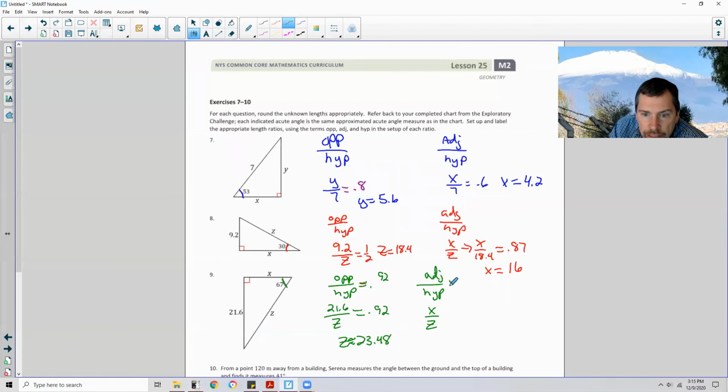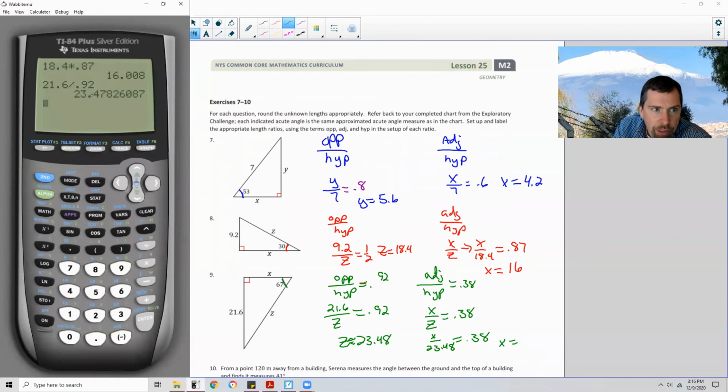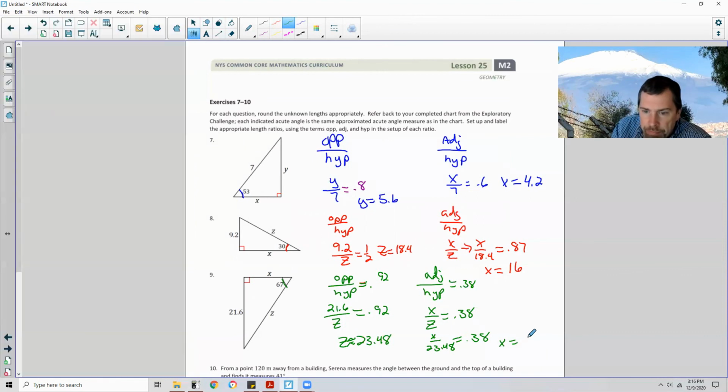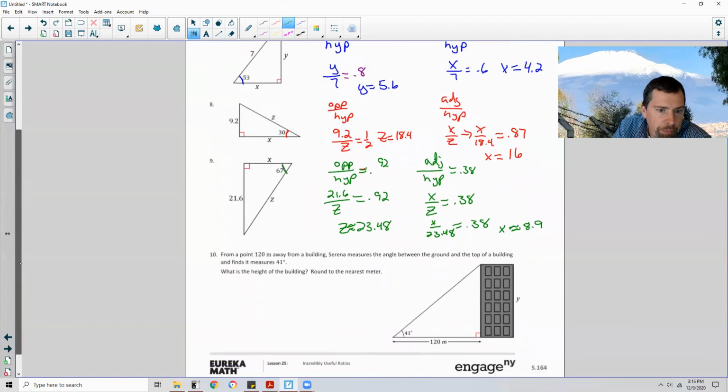So I put that in here. x over z is going to equal 0.38, and my z is 23.48. So now I can say x over 23.48 equals 0.38. And then when I cross multiply, I get my x: 23.48 times 0.38. It's just an approximation. It's 8.9. So that's approximately 8.9. So we use the table to finish this, is all that was.